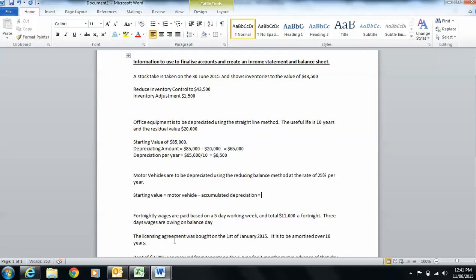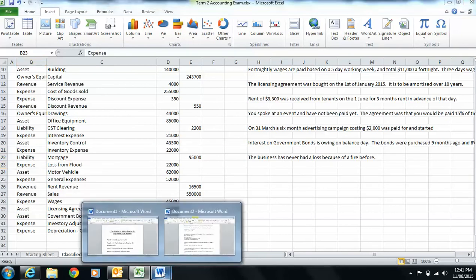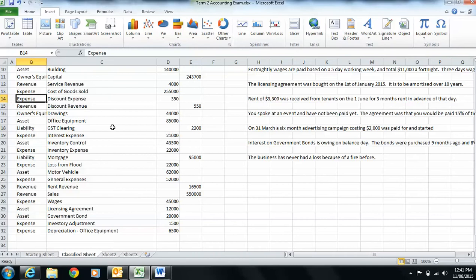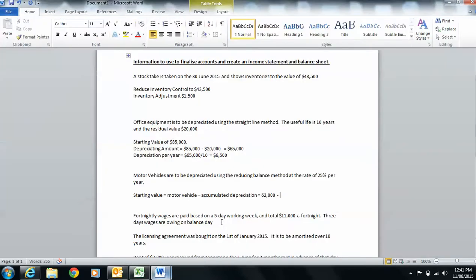When we look at that on our graph, motor vehicles we started at $62,000. And the accumulated depreciation so far, the amount they've gone down in value so far, is $12,400. So the starting value of this is going to be $49,600.